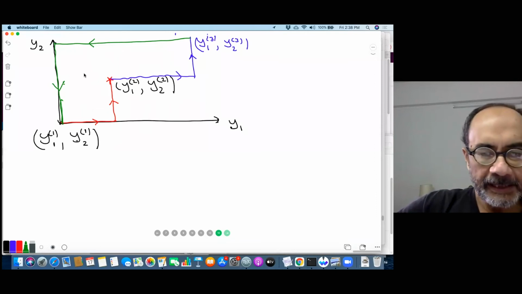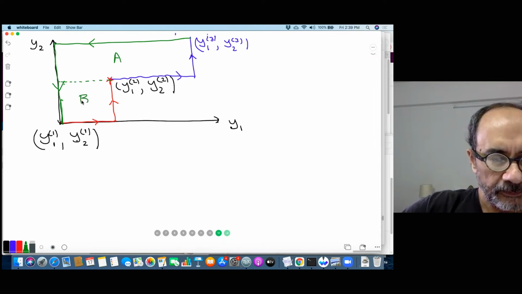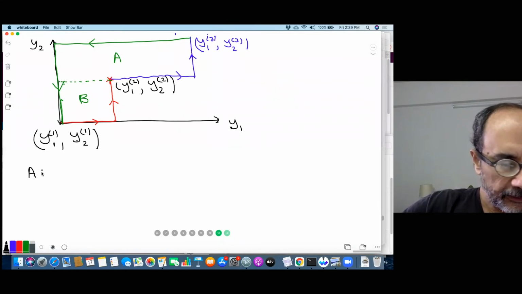Basically this integral, let me write this. The easiest way to do this is to write this as a sum of two terms, A and B. The contribution of A is the integral dt1 dt2.